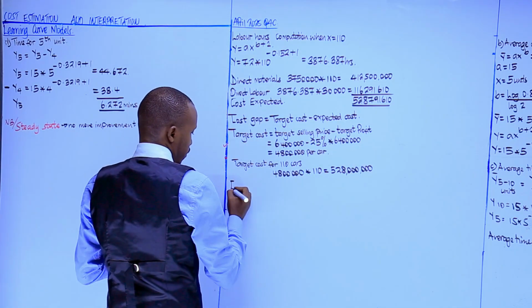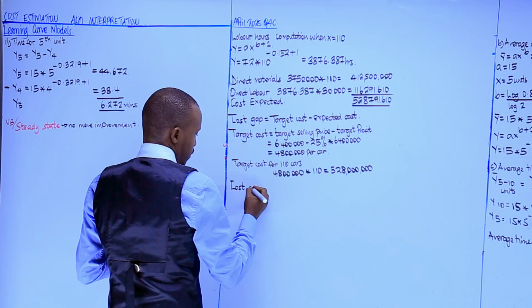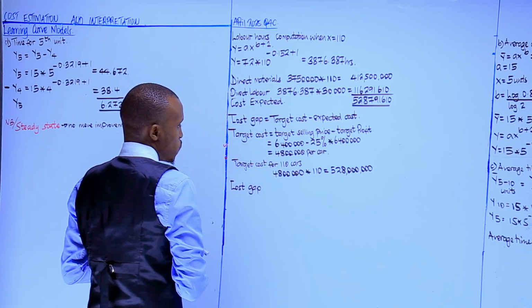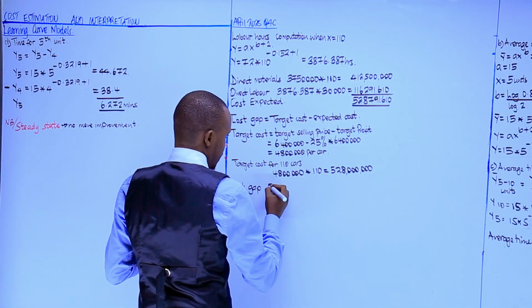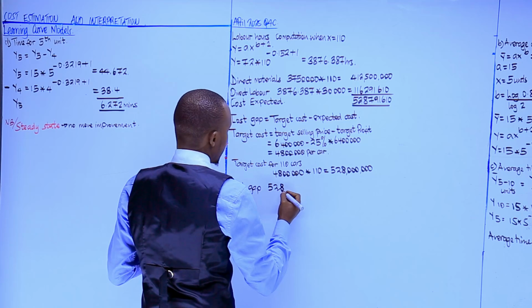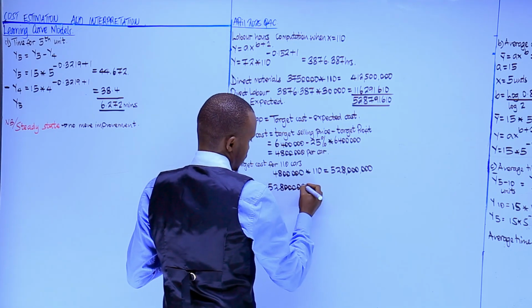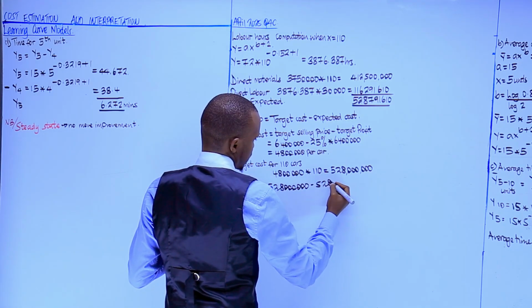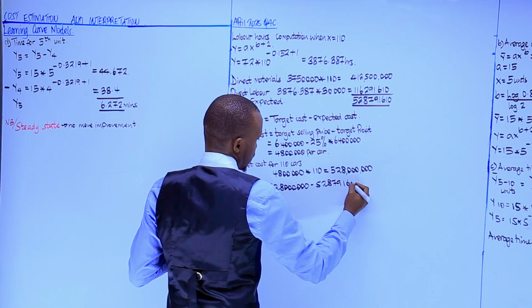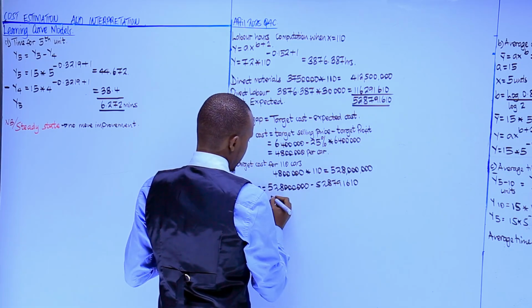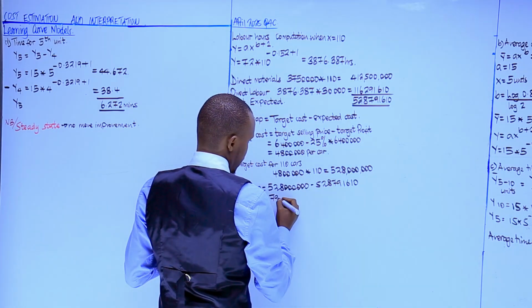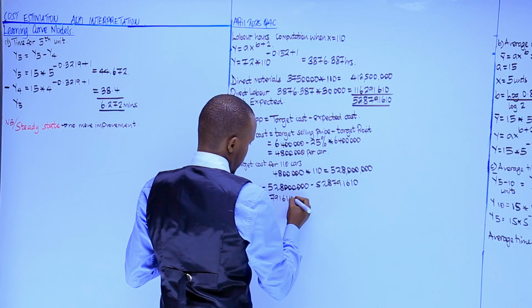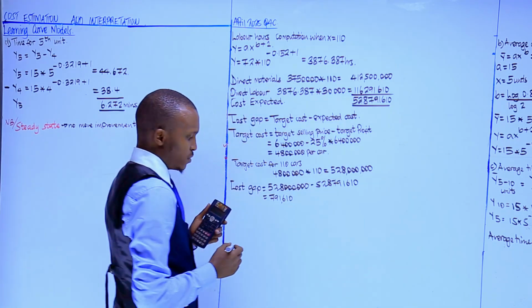So therefore, your cost gap will be a target of 528 against an expected cost. So your cost gap is 79,610.